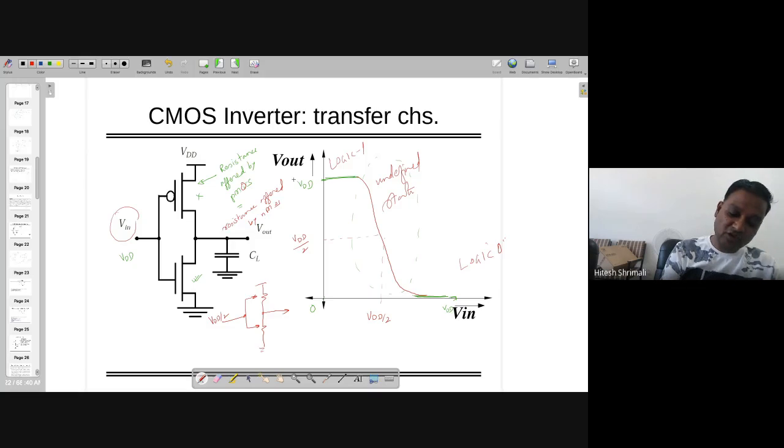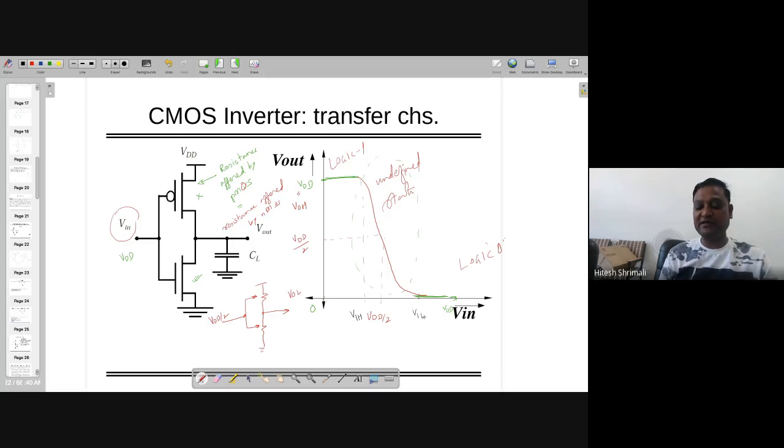By the way, we are going to call this one VOH, output at the high side, and VOL, output at the low side. We are also going to call this one VIH, because till this value of input, the output stays as high voltage. We define it as VIH. This one we define as VIL.